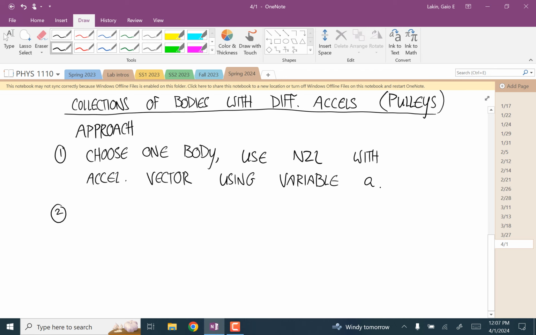Then after you've done that, isolate the other body. And again, you're going to use Newton's second law. But the key thing here is in representing the acceleration vector.